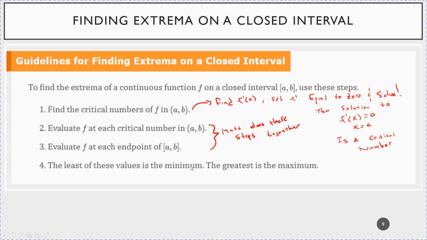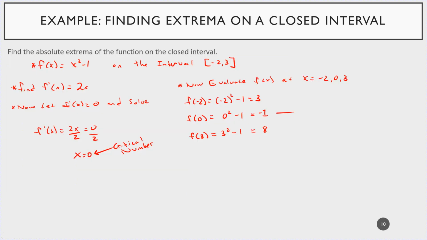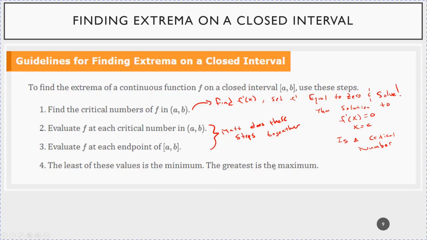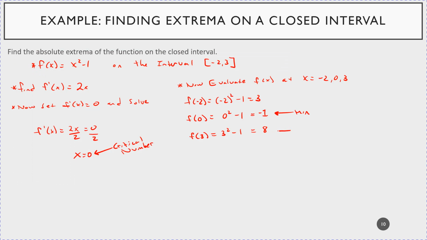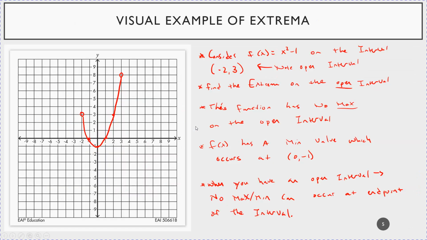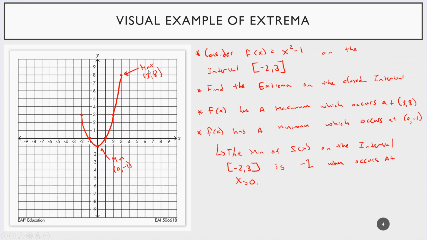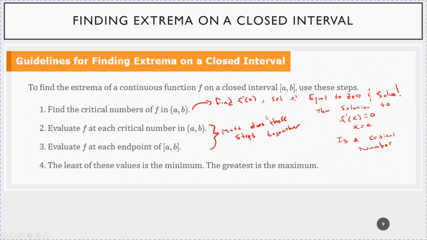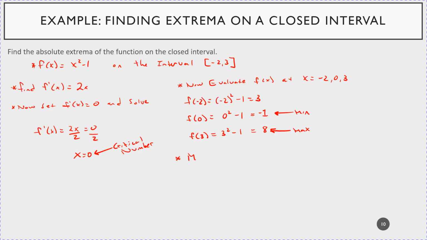And this is what we do. The least of these values is the minimum, so -1 is the minimum value. And the greatest of these values is the maximum, so boom, this is our max right here. Going back, we saw that we have a maximum value at 3, 8, and that's exactly what we see here. The maximum occurs where the x value is 3 and the y value is 8.